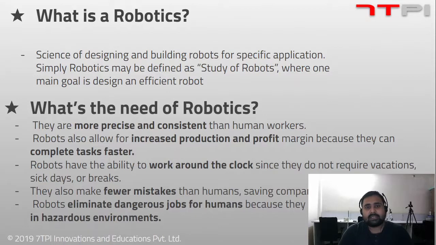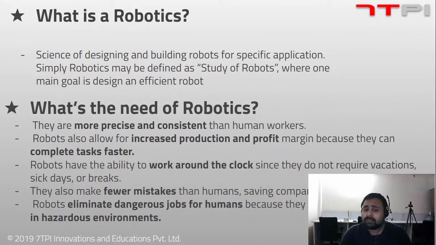Now let's understand the need for robots. A robot should be more precise and consistent than human workers. Robots allow for an increase in production and profit margin because they can complete tasks faster. Robots can work around the clock since they do not require vacations.